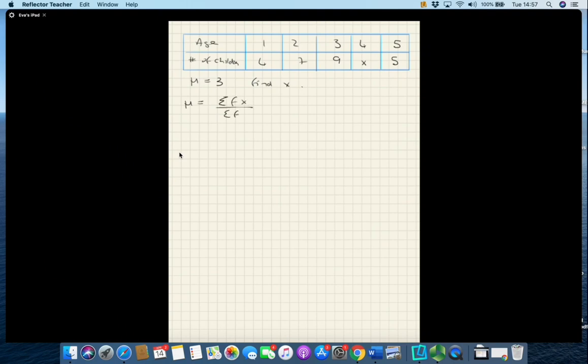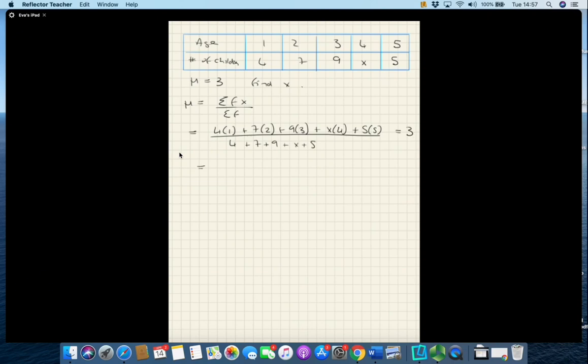Well, you have to know that the mean is the sum of f x over the sum of f. So I would go 4 times 1 plus 7 times 2 plus 9 times 3 plus x times 4 plus 5 times 5, over 4 plus 7 plus 9 plus x plus 5, and it's equal to 3.